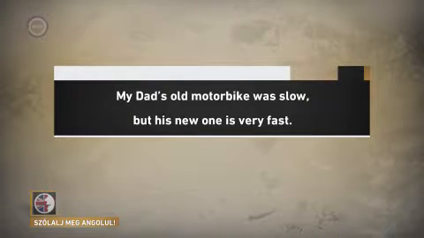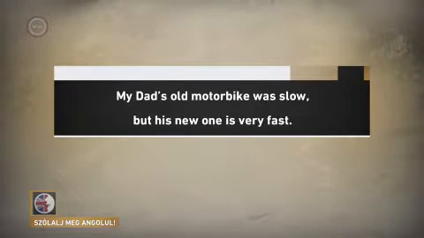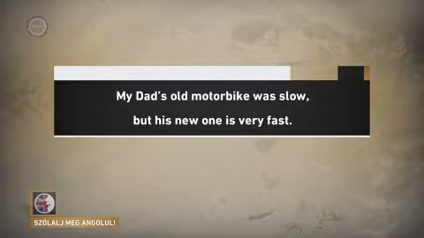Well done. In that sentence, we need an adjective. We could say the sentence a different way and use an adverb. My dad's old motorbike was very slow, but his new one accelerates very fast. Now, in that sentence, fast is an adverb because we're talking about how the motorbike accelerates.